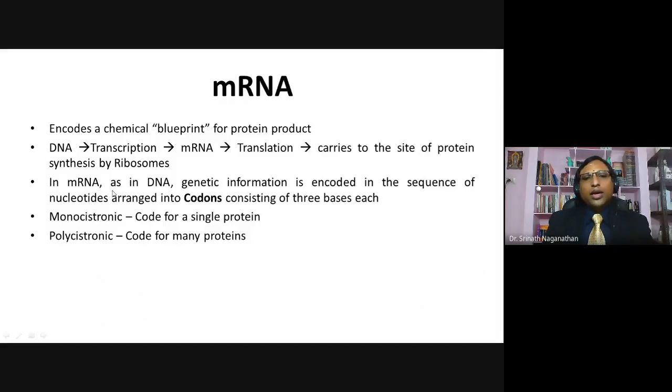In mRNA, as in the DNA, genetic information is encoded in the sequence of nucleotides arranged into codons consisting of 3 bases each. Monocistronic means coding for a single protein, and polycistronic means coding for many proteins.